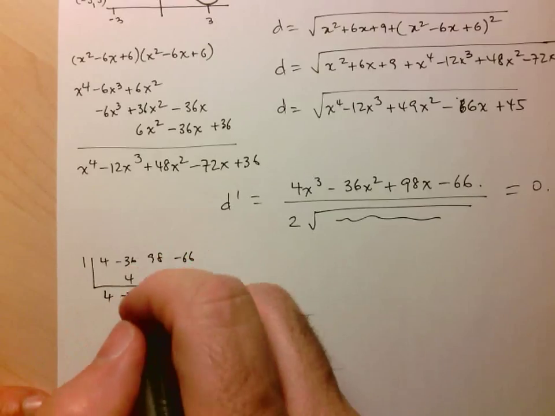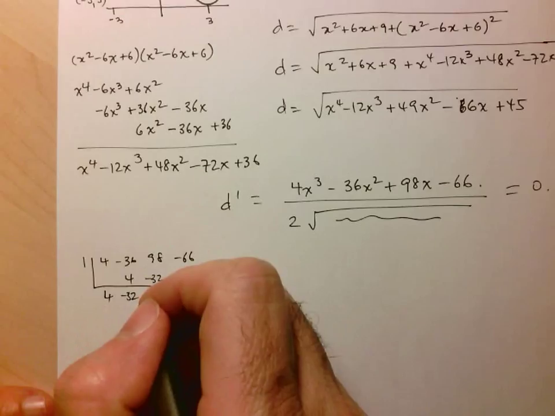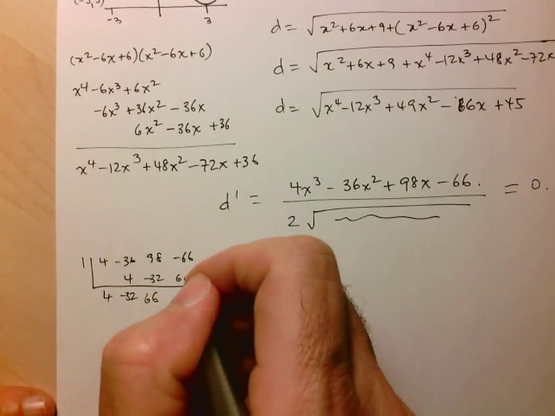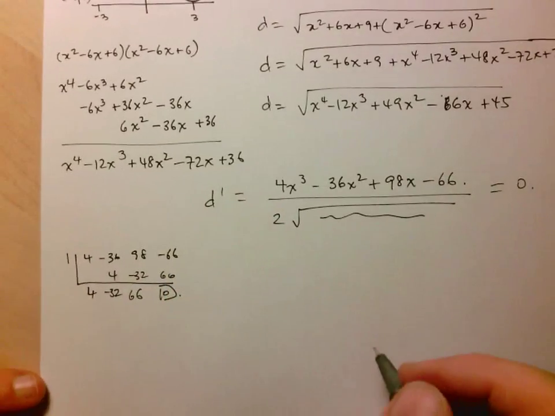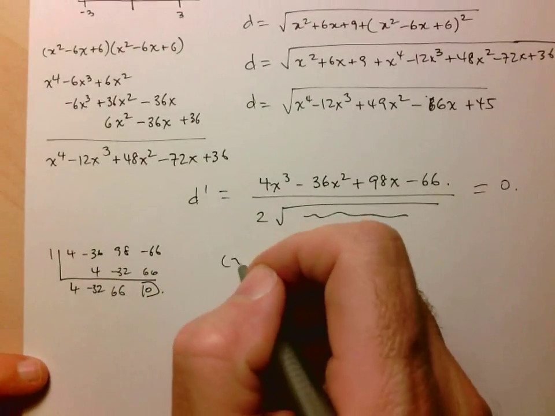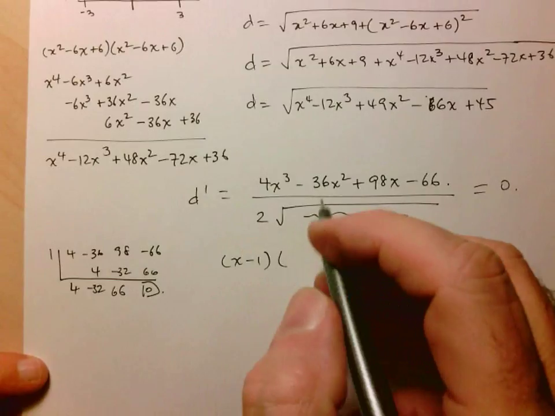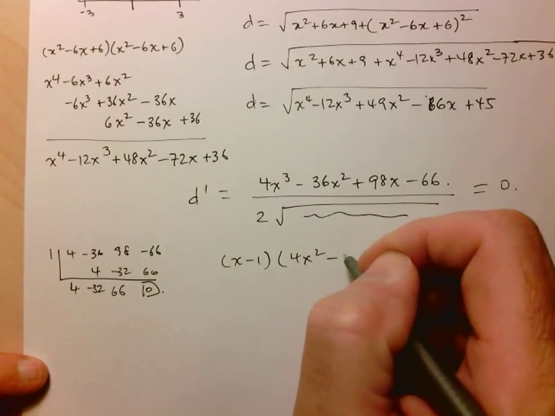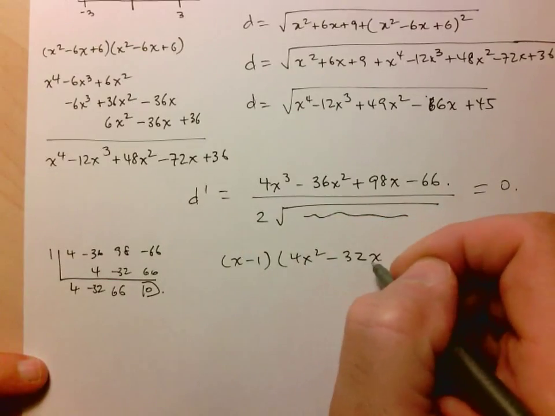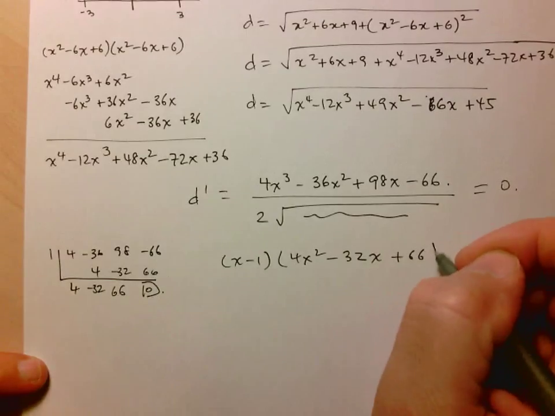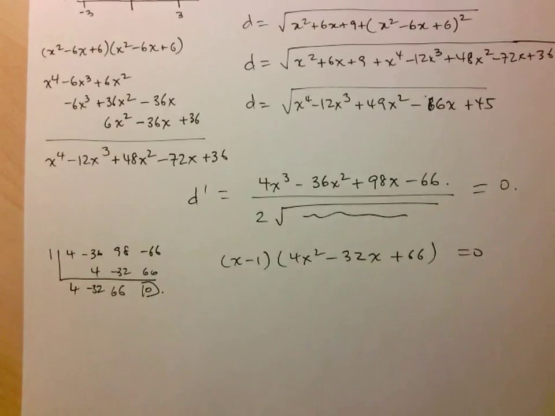So 98 minus 32 is 66, and of course we need this to be 0. Okay, so here we have x minus 1 times 4x squared minus 32x plus 66 equals 0.